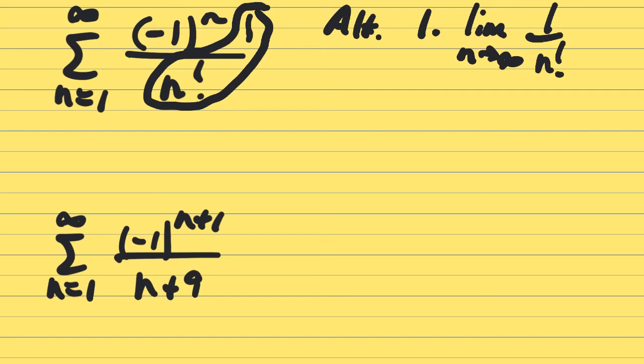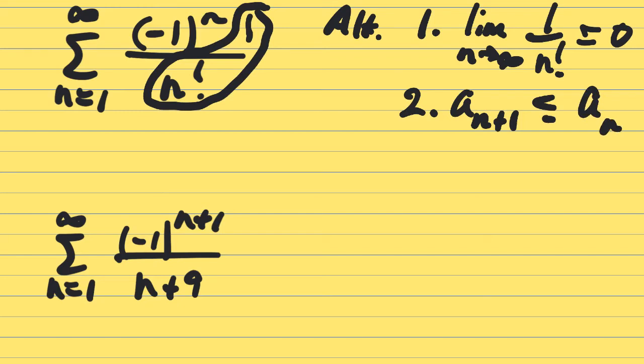One over n factorial, fixed numerator, growing denominator. What's our limit? 0. Very good. When you take 1 over n factorial, as n gets larger, each subsequent value is going to get smaller.